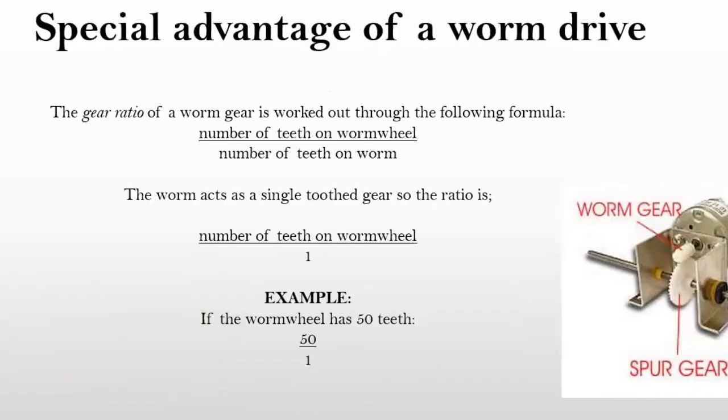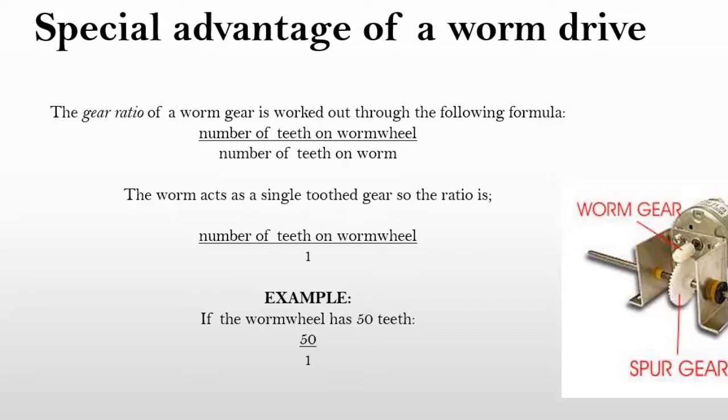As I mentioned, the special advantage of the worm gear drive is that the gear ratio of a worm gear is given by the number of the teeth on the worm wheel divided by the number of the teeth on the worm. So let's take a single start worm. In a single start worm, how many teeth?